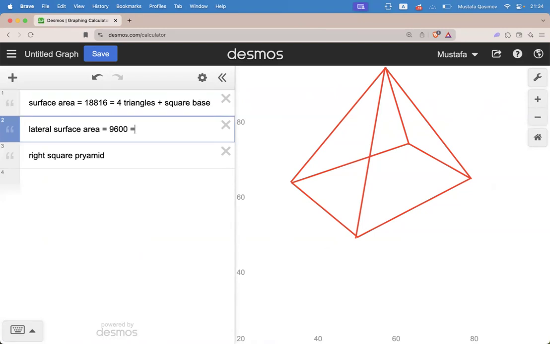But for lateral surface area, it is only four triangles. So we have to think it like this. Let's say the length of base is x. That one is x, it's also x, and it's also x.